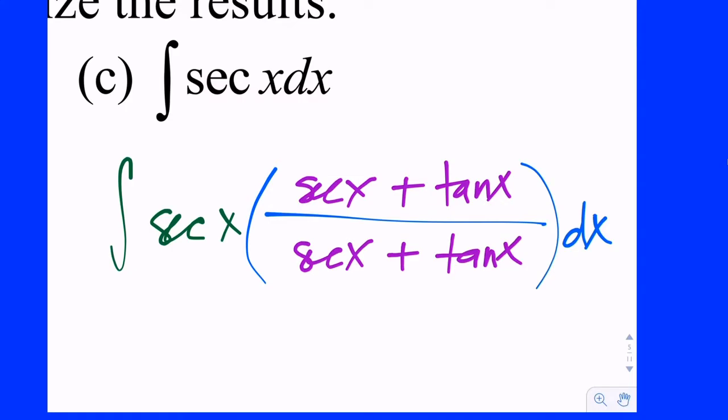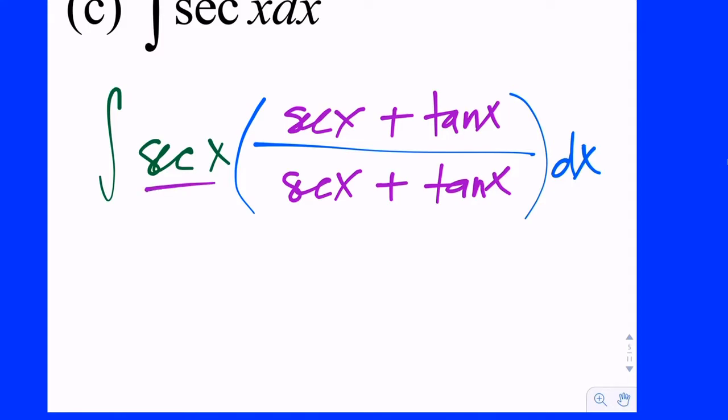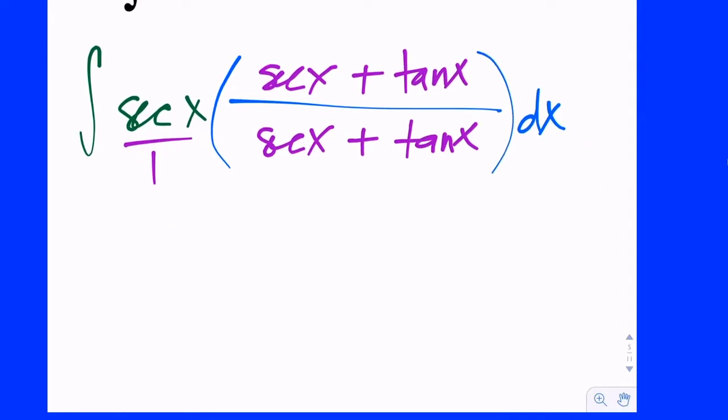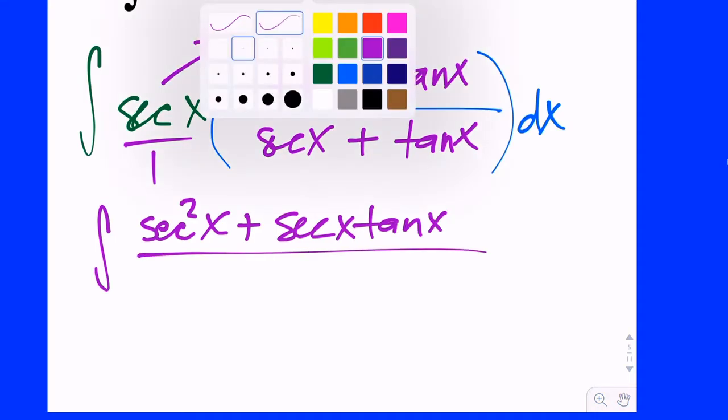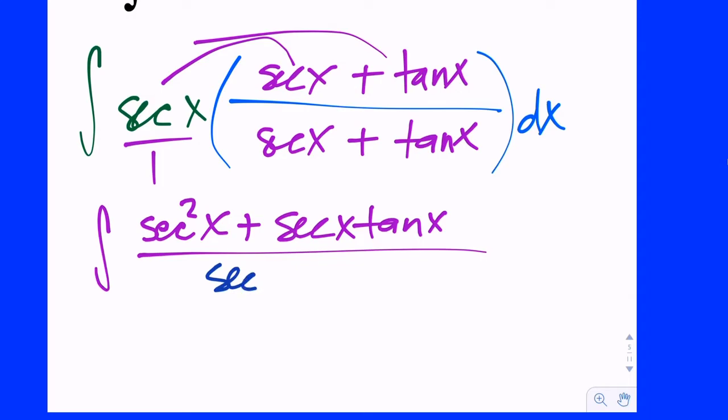Does that help me? I don't know. Let's put that over 1. Is that legal? Yeah. Hey, now I can distribute. Secant times secant, secant squared, plus secant times tangent is secant x tangent x, all over 1 times that is just that.